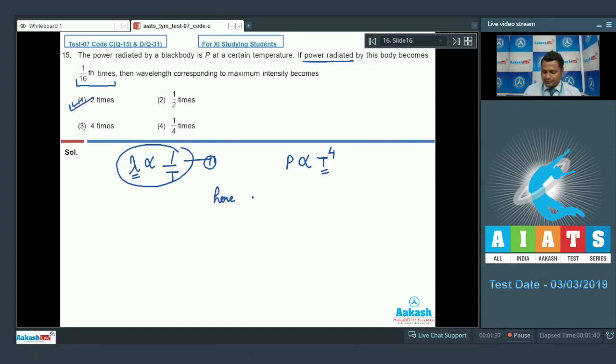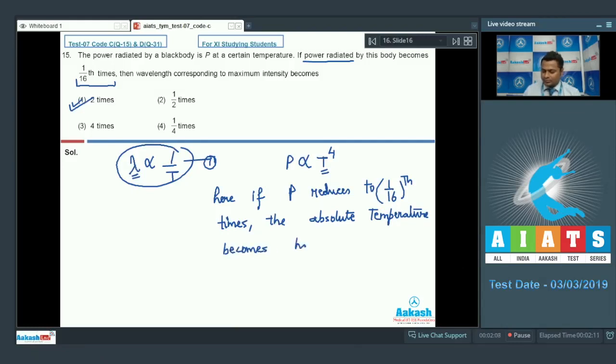Here, if P reduces to 1 by 16th time, then absolute temperature becomes half, and therefore wavelength lambda will be twice.